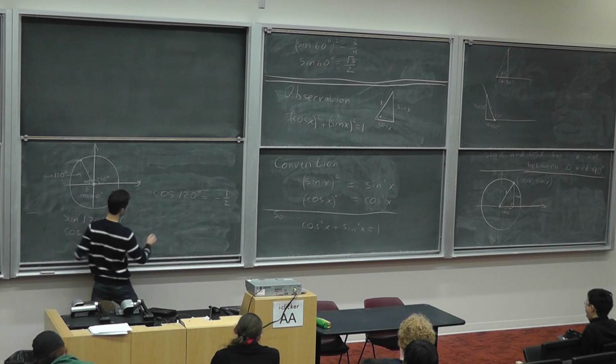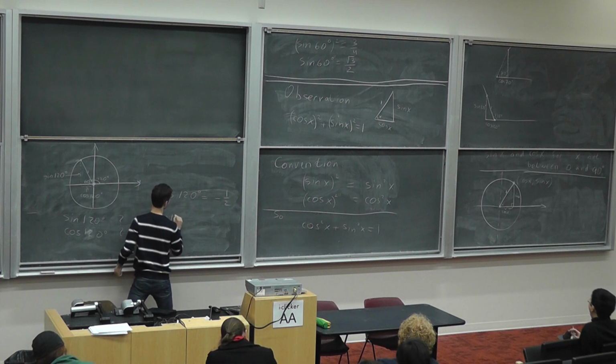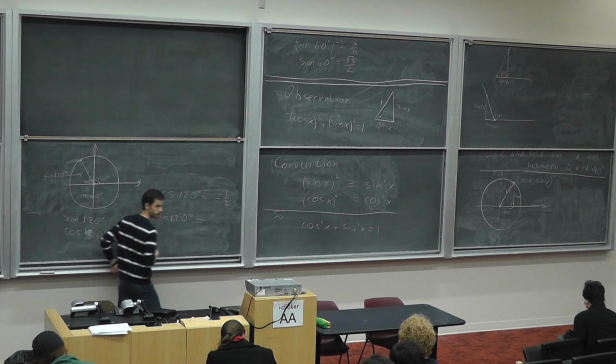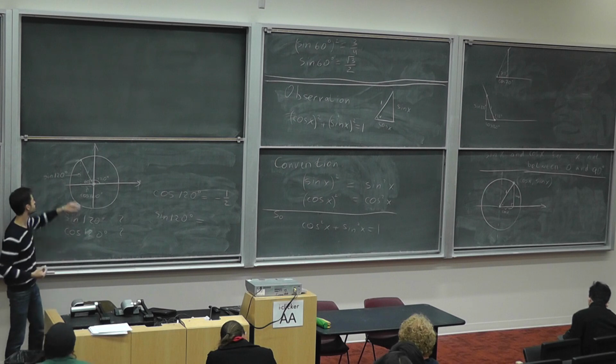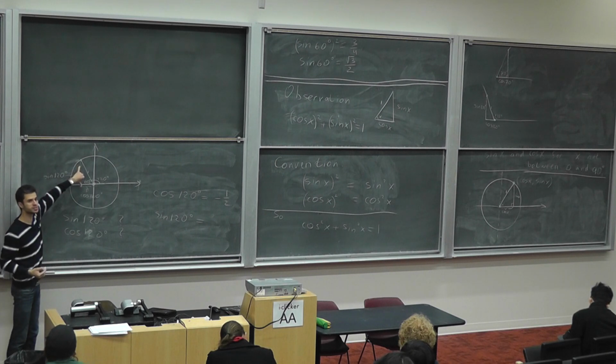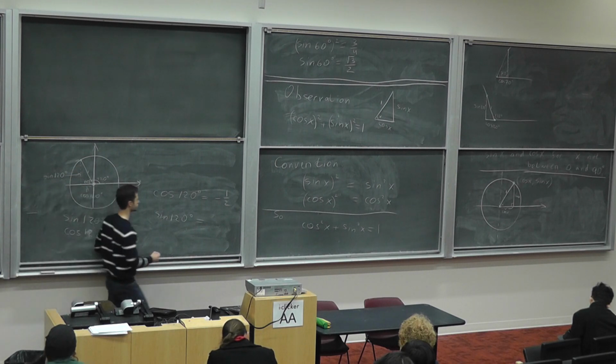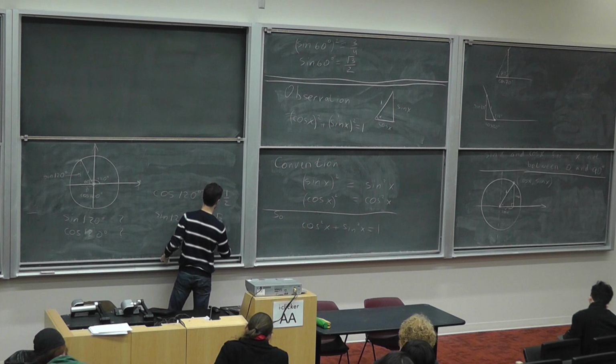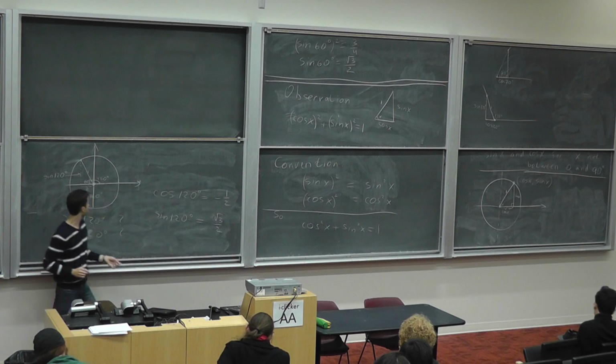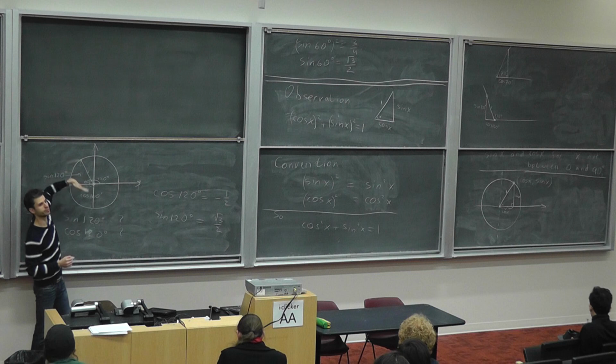What about the sine of 120 degrees? Well, same logic. We already know what this length is. We established that it was square root of 3 over 2. And this is still positive, still above the x-axis.